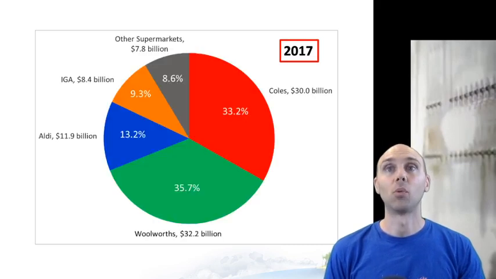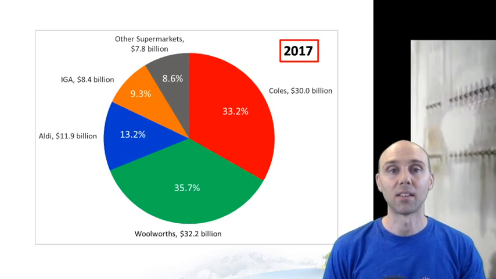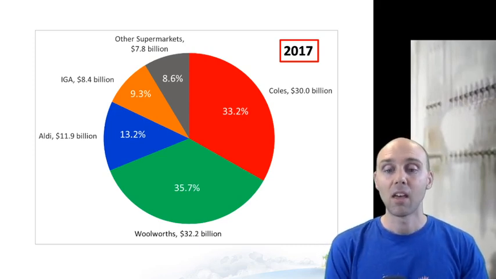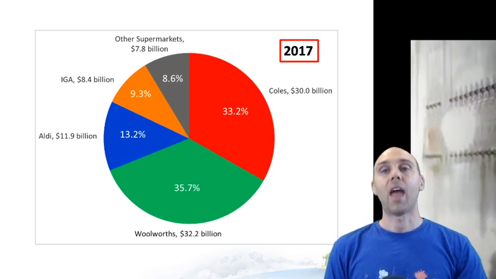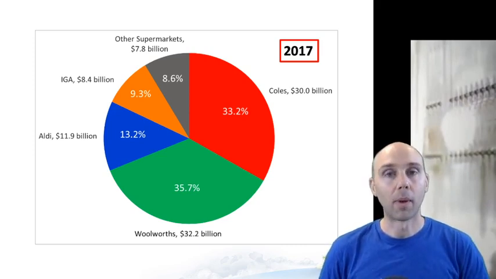Both Coles and Woolworths have lost market share, and we can see that Aldi has made significant gains now at about 13%, overtaking IGA. There have been talks in the past 24 months about another German supermarket chain entering Australia.